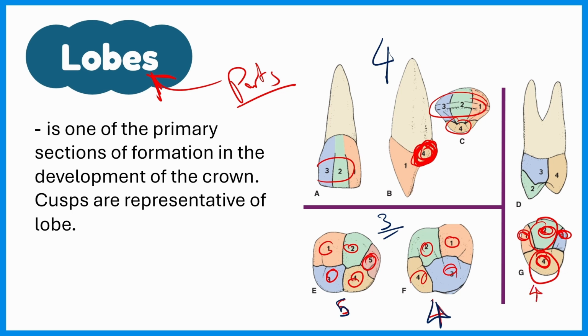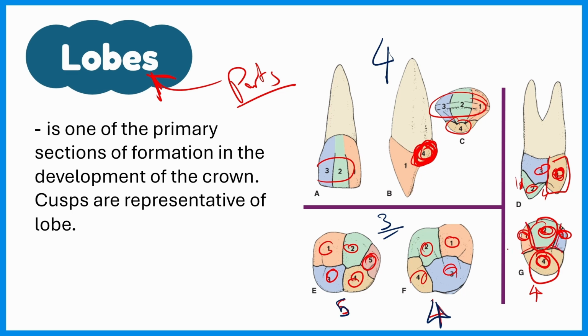So this one has 4 lobes. This one as well has 4 lobes. It's the same one, but it's a proximal view. So you can see it's 3 facially. The one you can't really see is on the side, on the back, the 4th one. The lingual cusp represents a whole lobe. The buccal cusp is shaped into 3 lobes.